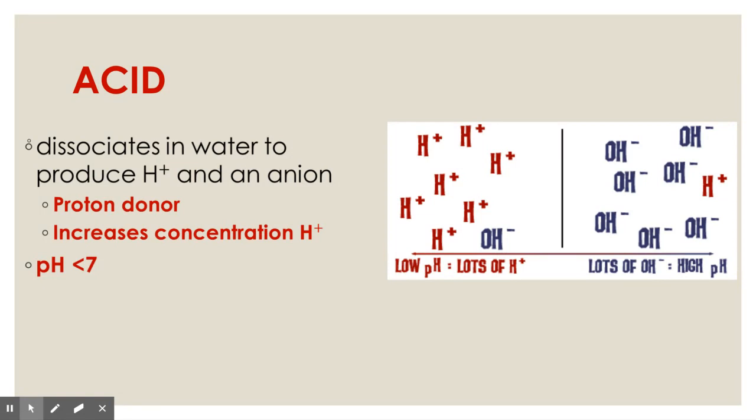Hydrogen has one proton, so if it is breaking off of a substance, we are donating that proton. As we add this proton donor, this acid, to water, we are going to increase the hydrogen concentration in that solution. So we will have a low pH, anything less than 7.